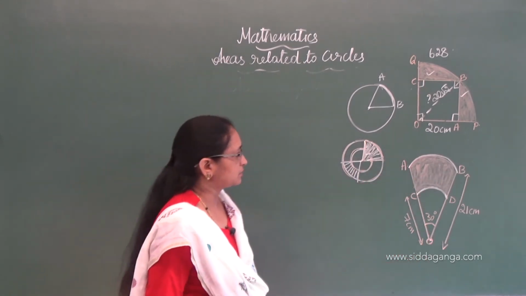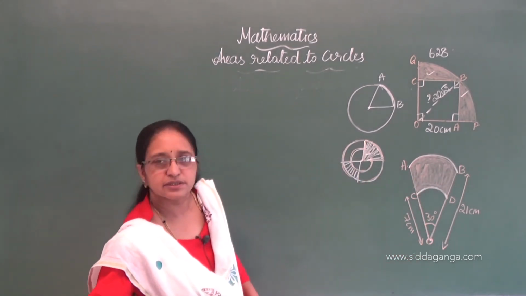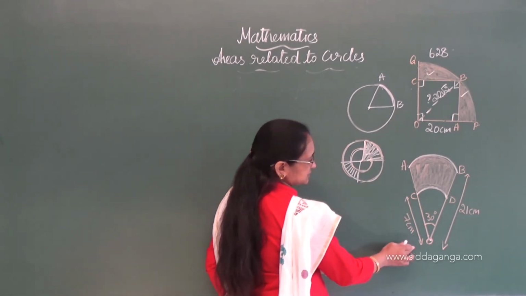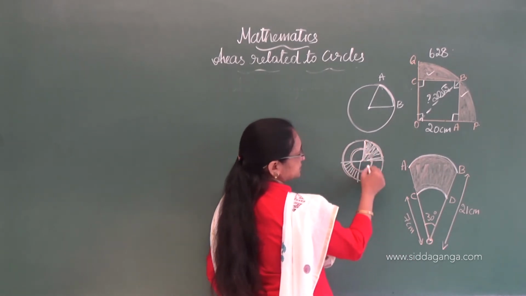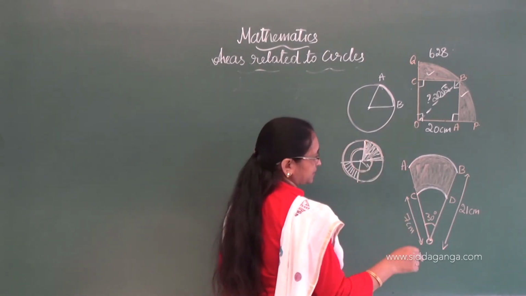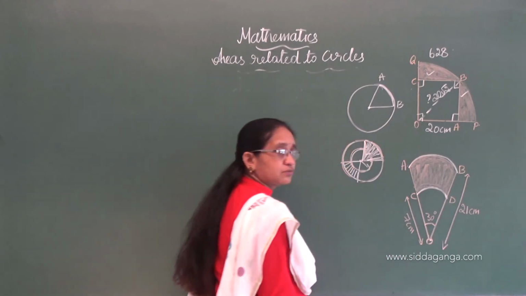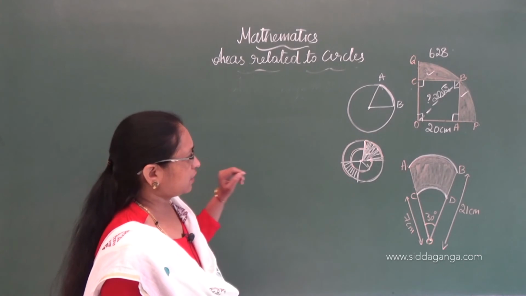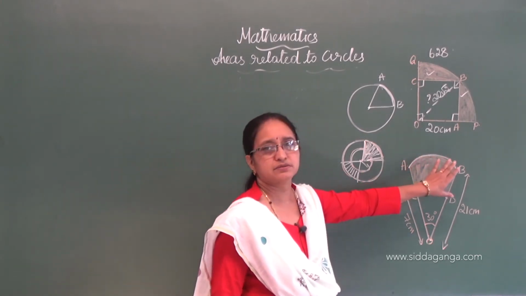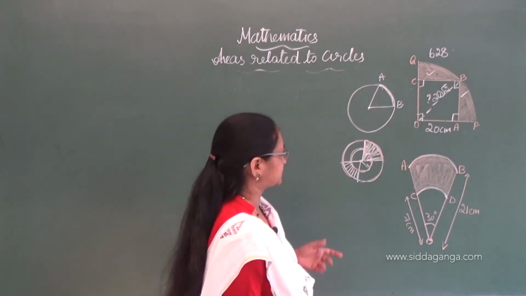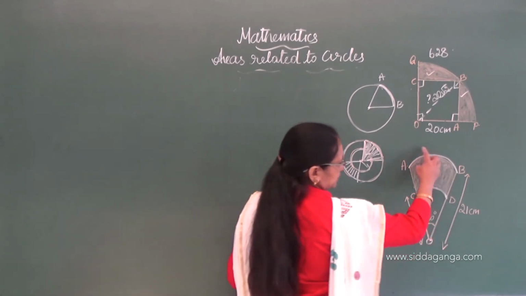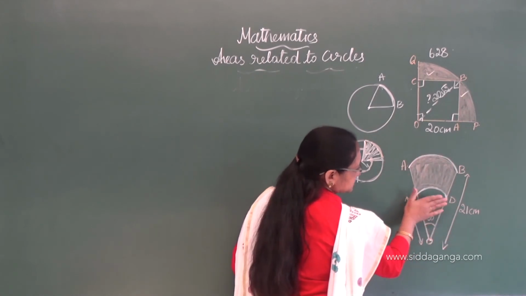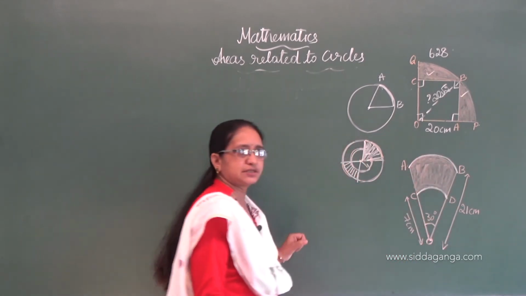Now, they have given two radii for the concentric circles. The smaller one has radius 7 centimeter and the bigger one is 21 centimeter. So, how to find this one? It is very simple, easy. You can find the area of the full sector minus the area of the smaller sector, isn't it?